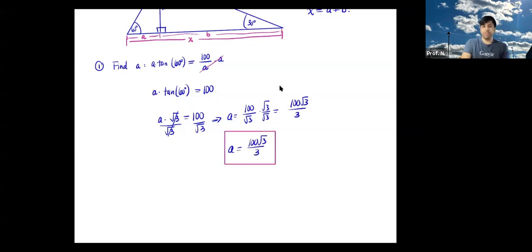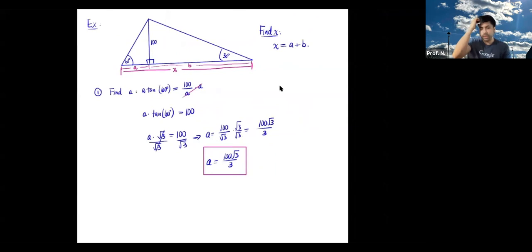So I found one portion of it. Now I need to find the other portion, B. And of course, to find B, I need to look at the other right triangle. So what is this right triangle here? This is the angle 30.